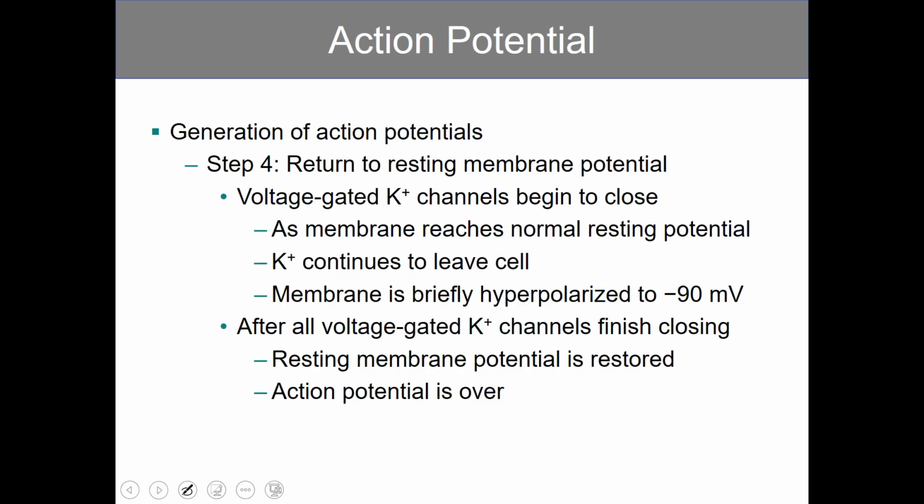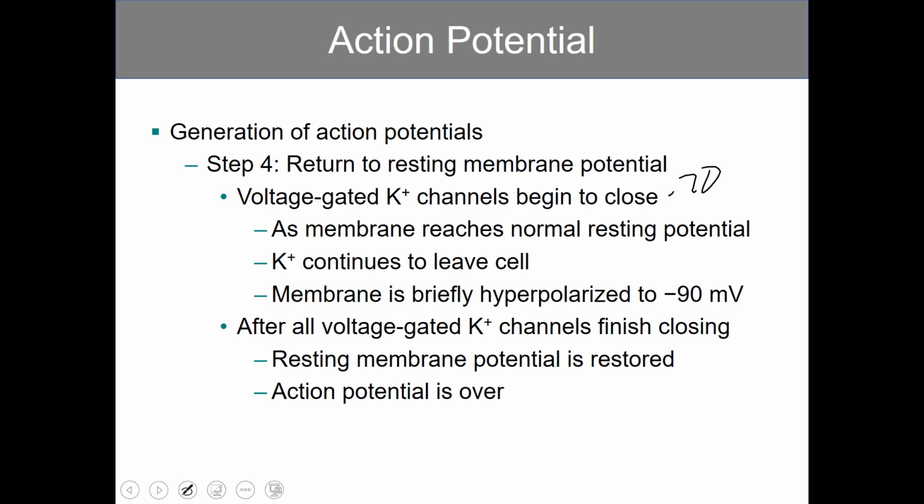Step 4, return to resting membrane potential. Voltage-gated channels begin to close as the cell reaches that negative 70 millivolt. So when the transmembrane potential reaches around negative 70, the potassium channels begin to close. As the potassium channel closes, it is a slow close. It is like a slow door.